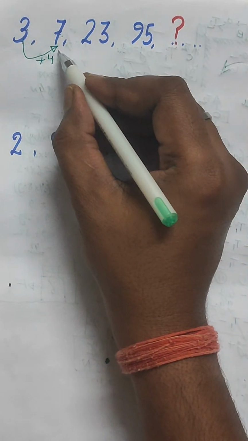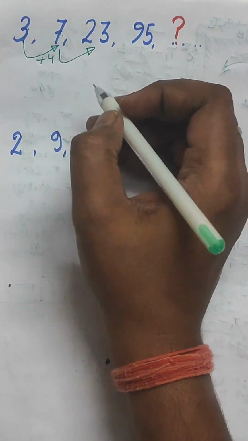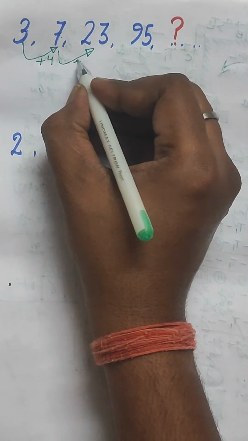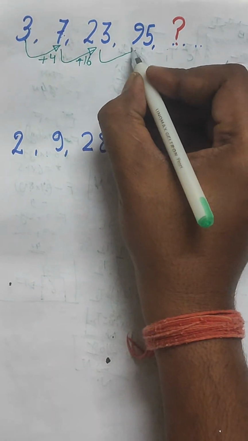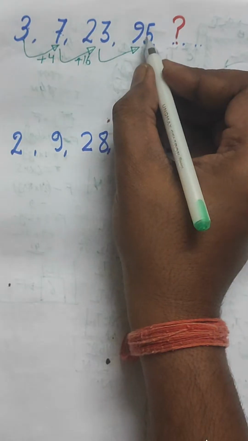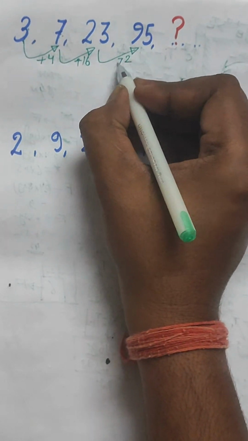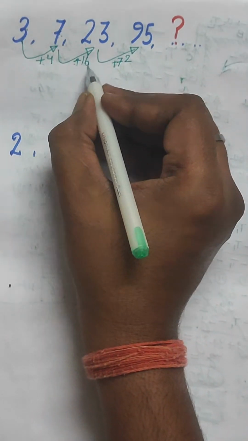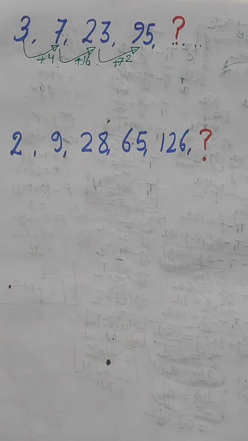Similarly, 7 goes to 23 when 23 minus 7, that is 16, is added. And from 23 to 95, what is added? 95 minus 23 is 72. So there is no specific series being followed here.